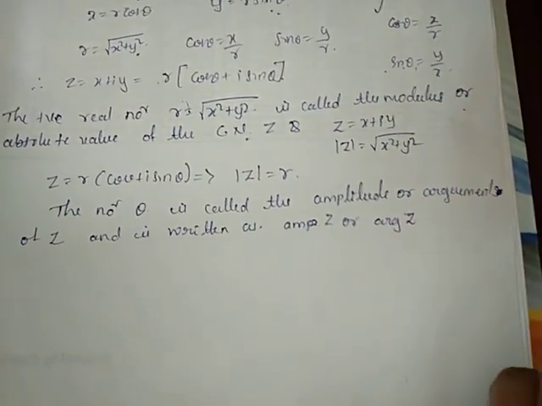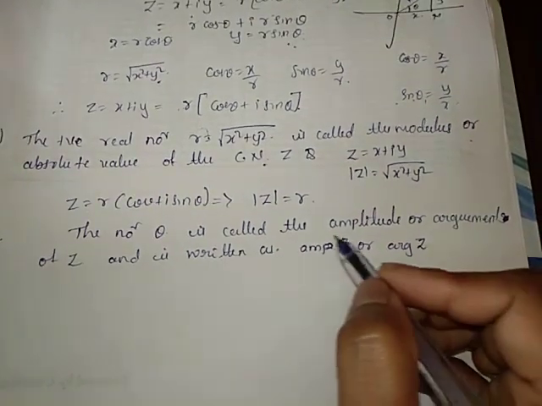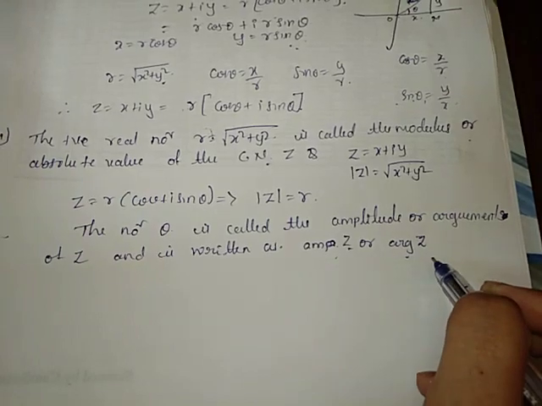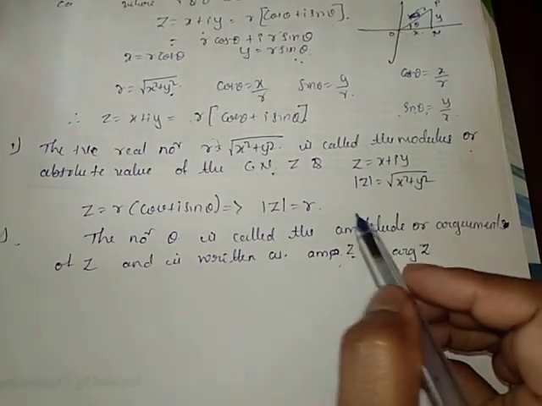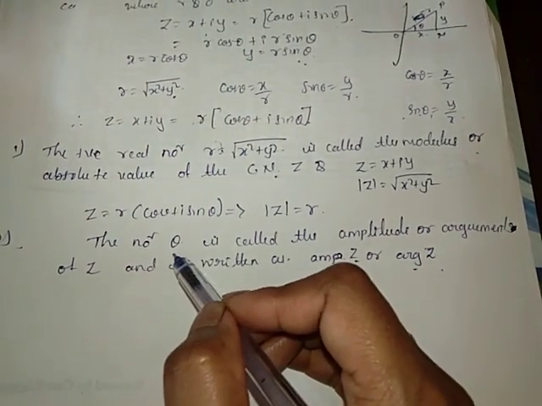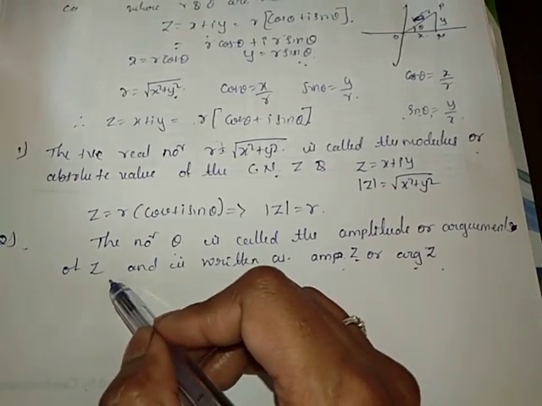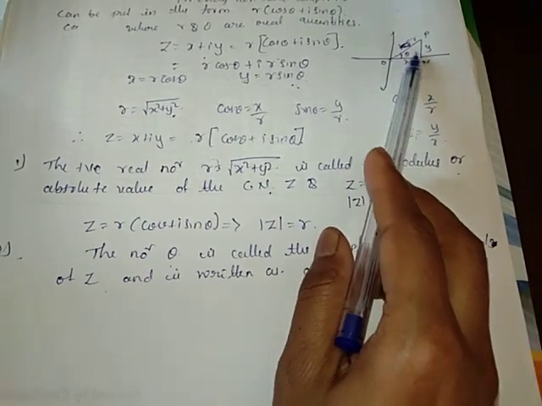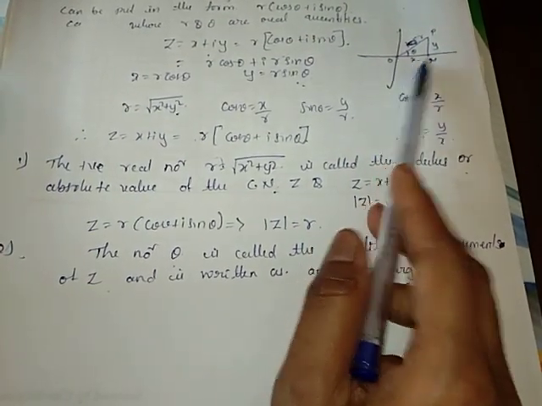Both can be used for the representation. This is used for the amplitude of z, and this will be used for the argument of z here. This theta is called the amplitude or argument of z.